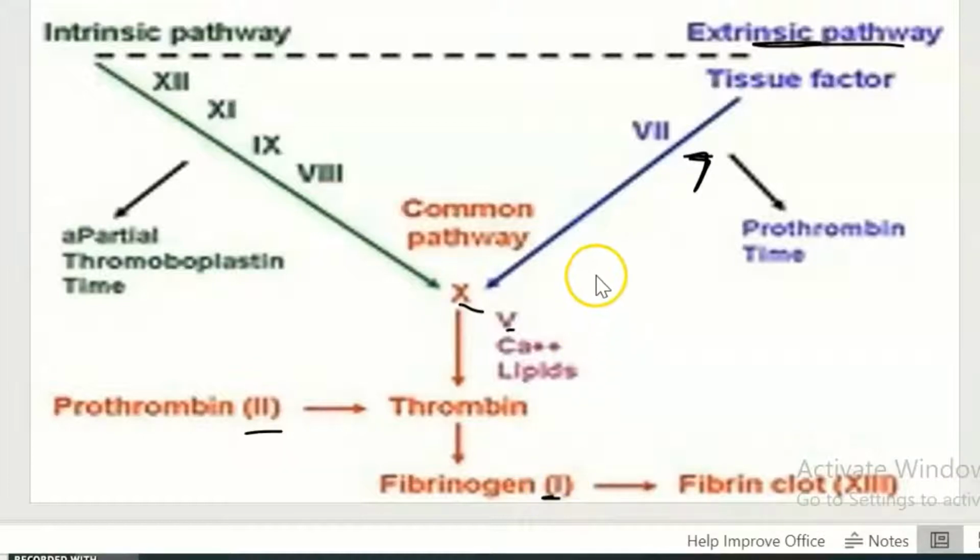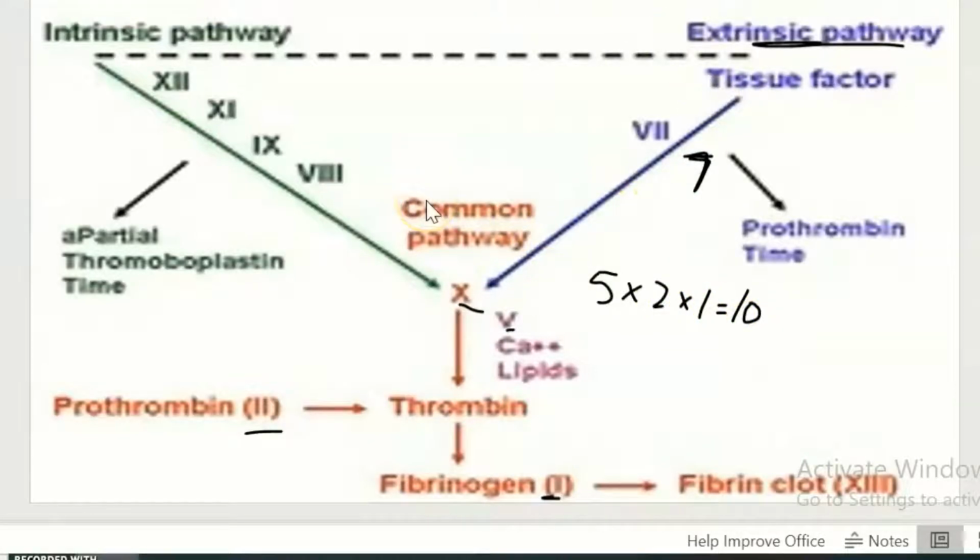To remember these factors, learn 5 multiplied by 2 multiplied by 1 is equal to 10. 1, 2, 3, 4 and 5. 5 factors: 7, 5, 2, 1 and 10.